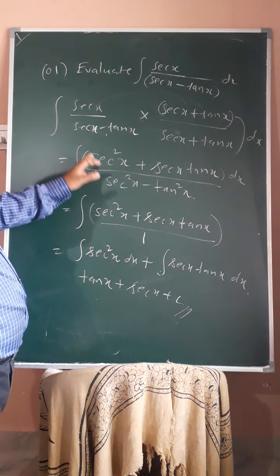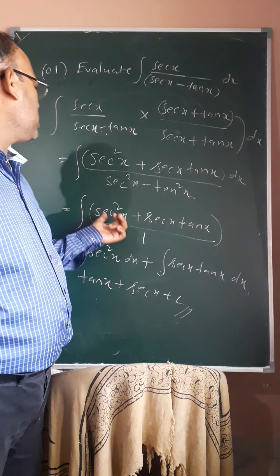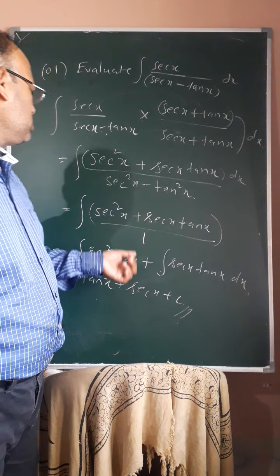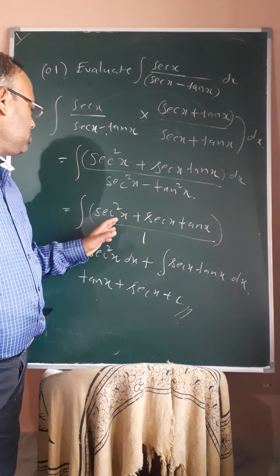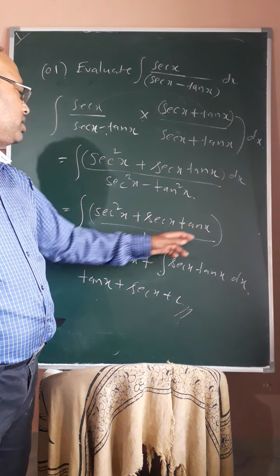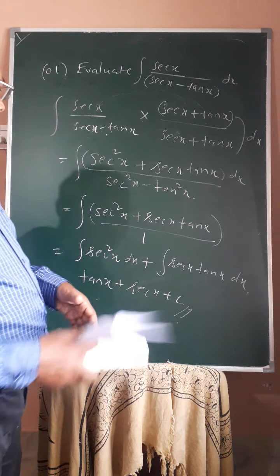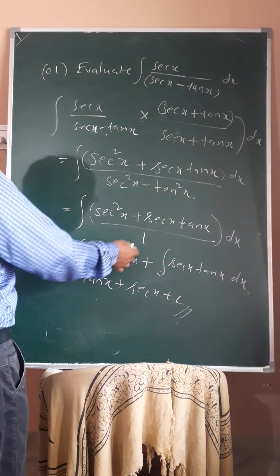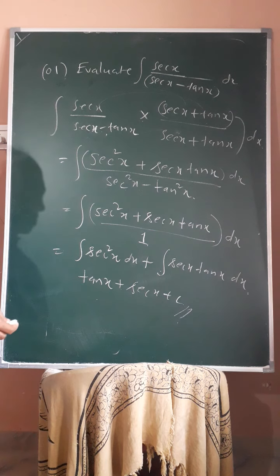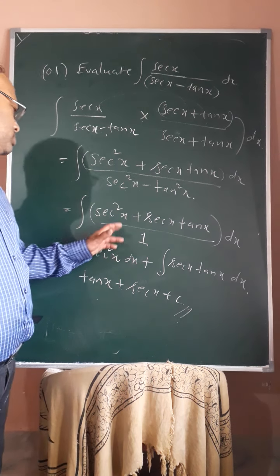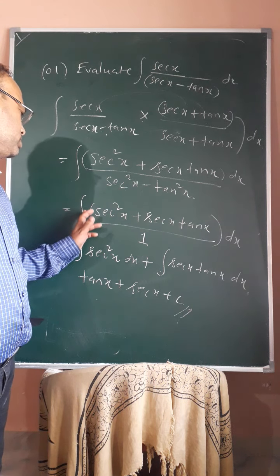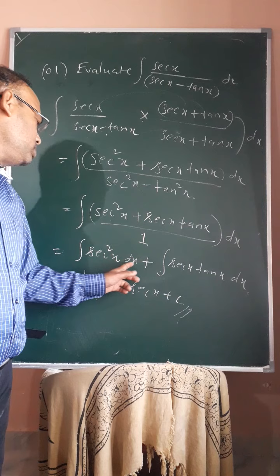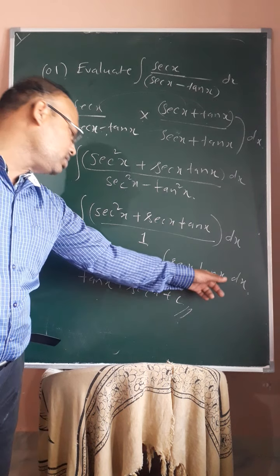After multiplying, the numerator becomes secant square x plus secant x tan x, divided by, using the a plus b, a minus b formula, secant square x minus tan square x. Denominator becomes 1. Split the integration terms. Apply the integration symbol to each term, that is integration of secant square x dx plus integration of secant x tan x dx.